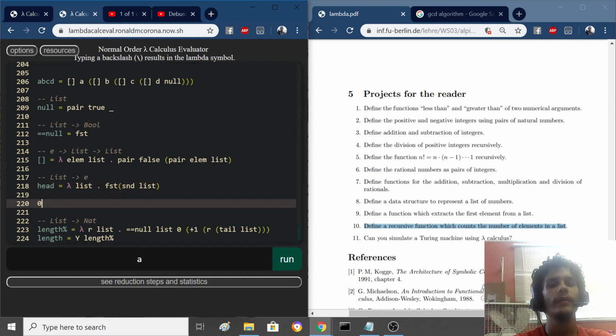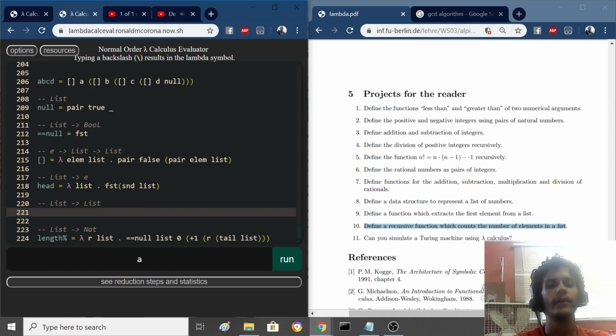Okay, tail. It's a function. It takes a list, and then, well, we can ask if the list is null, but we don't have to. If you don't want to do the tail on a list that is null, hopefully you don't do that. It's pretty similar to head.